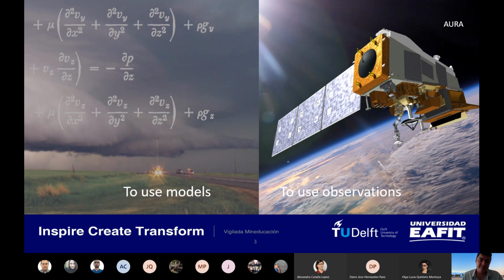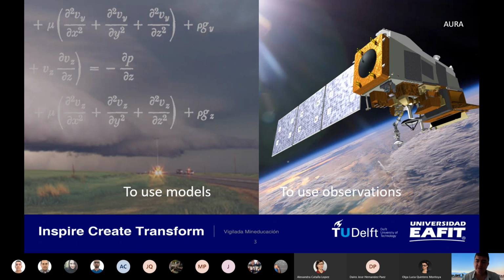On the other side, we have the measurements, the sensors that come in different packages. This is an image from a satellite sensor called Aura, and this remote observation lets us have spatial and temporal information about the places that we need to measure.